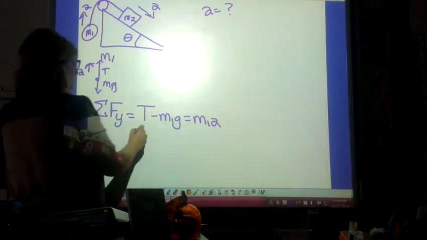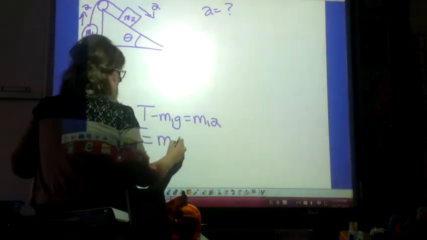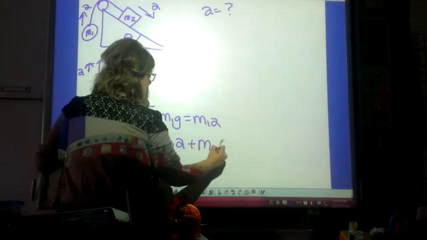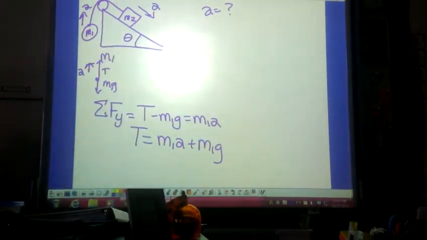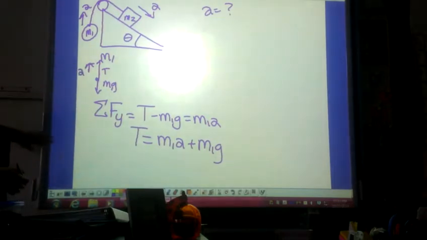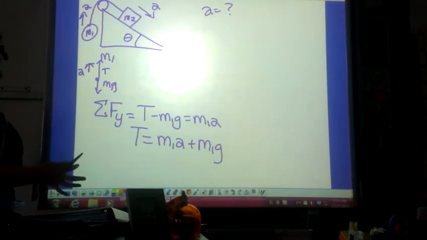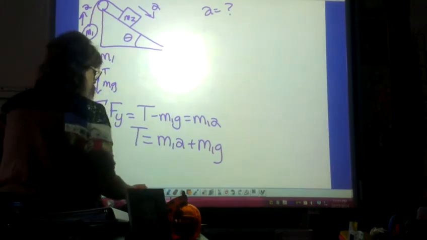Okay, let's do T equals M1A plus M1G. By now I'm hoping that we've done enough of these that you know free body, sum of the forces. Let's set that equal to something. Okay, so that's my first tab, but now I need to do M2.